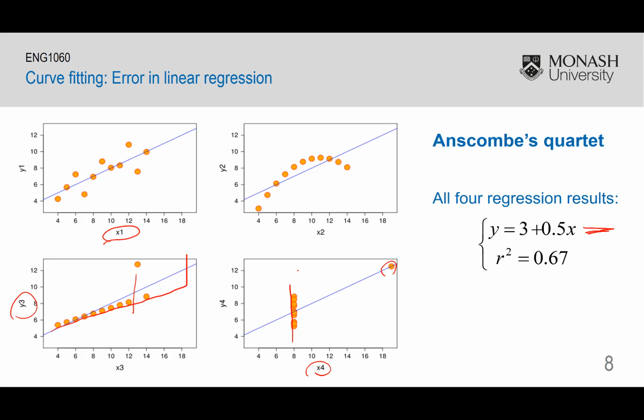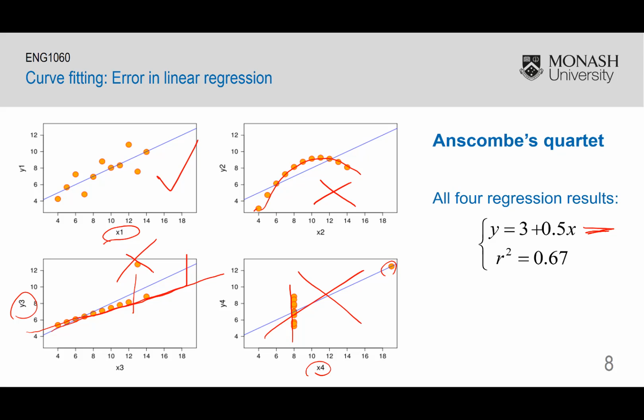So for example, this is very poorly fitted by that straight line. This is not a good representation of what's going on, because in actual fact, if you'd fitted a parabola, you'd probably be able to fit this data exactly. This is probably okay, and this point here, well, in actual fact, we probably need to be drawing a different straight line and getting rid of that data point up there.